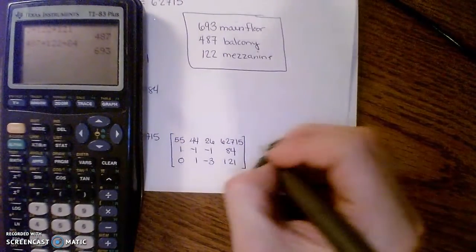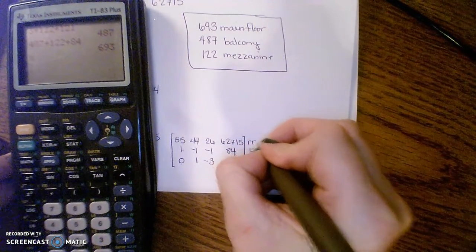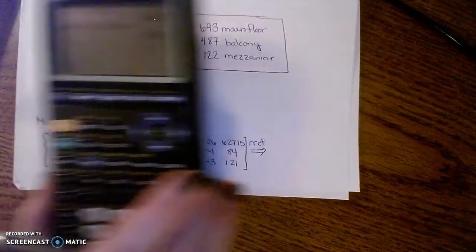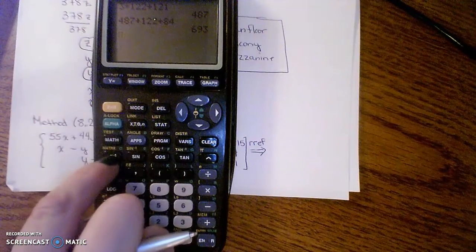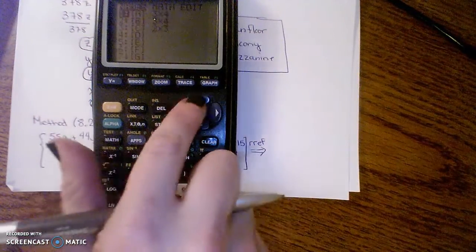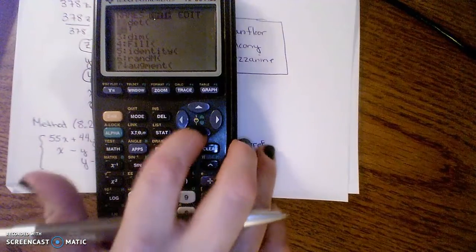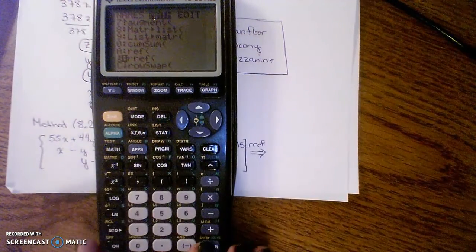And then what I want to do is put this matrix into what's called reduced row echelon form, RREF. I'll select the matrix again. This time I'll scroll over to math, and I'll scroll all the way down until I see RREF.